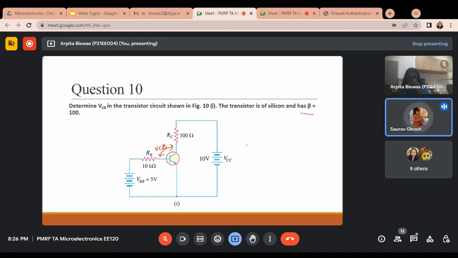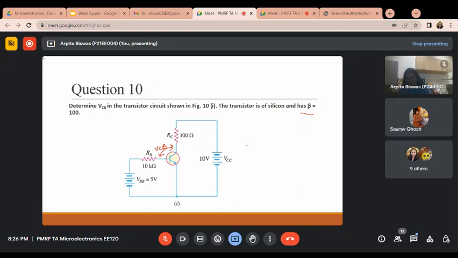Ma'am, the VCE value, means the collector to emitter voltage value, is coming as 5.7 volts. And the VBE value, I have to consider 0.7 volt base to emitter voltage. Then, ma'am, the answer, that is the VCB, is coming as 5 volts.